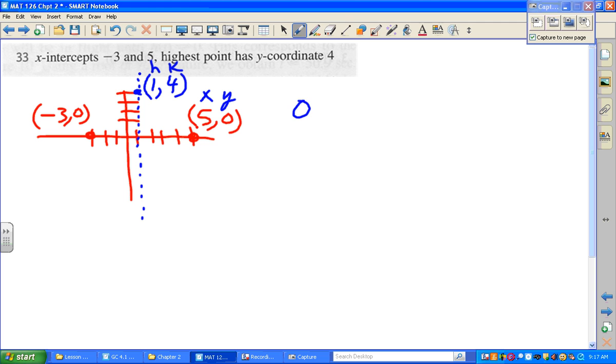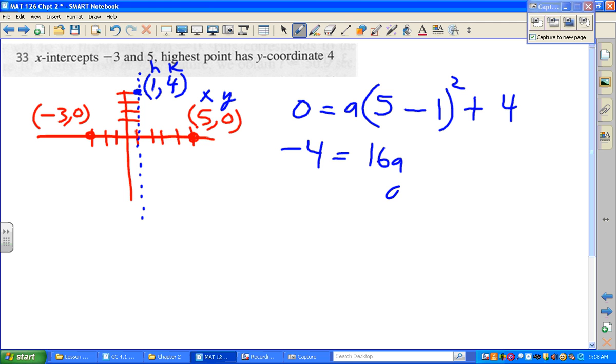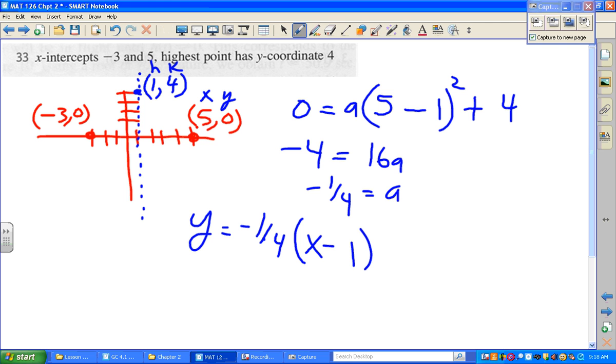So I got 0 equals A times X minus H squared plus K. So, negative 4 equals 16A, so A equals negative 1/4. So my equation would be Y equals negative 1/4 times X minus 1 squared plus 4.